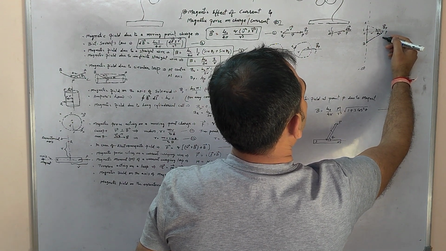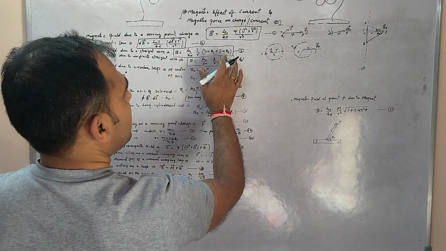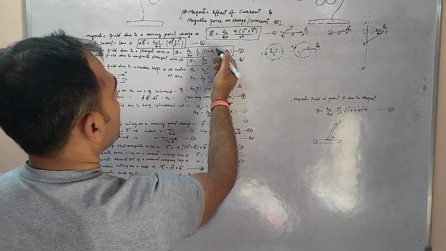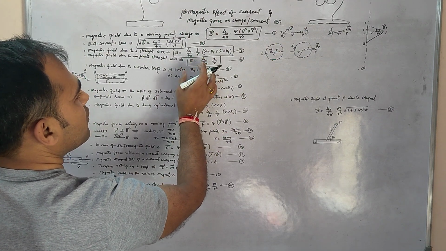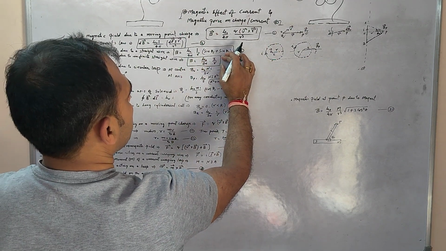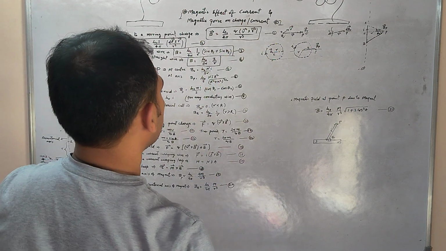Similarly theta 2 will also become 90 degrees. So sin 90 plus sin 90, 1 plus 1 is 2, and 2 by 4. So the value will become mu naught I by 2 pi r.